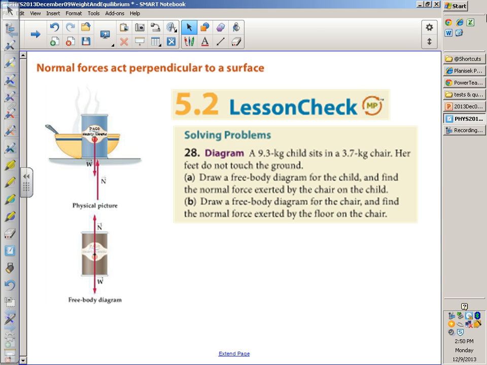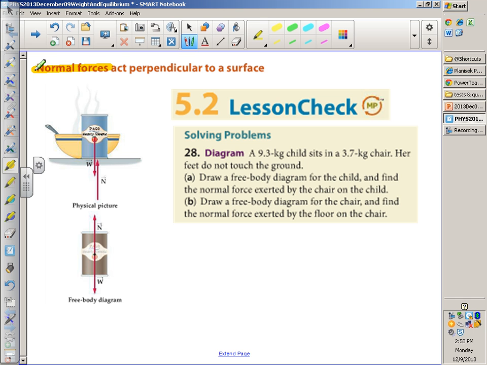Is gravity the only force acting on this book as it sits here on the counter? No. If it was, what would it do? It would fall downward. But it's not, right? Why? What's preventing it from falling downward? The counter. The counter applies what we call a normal force to that object.